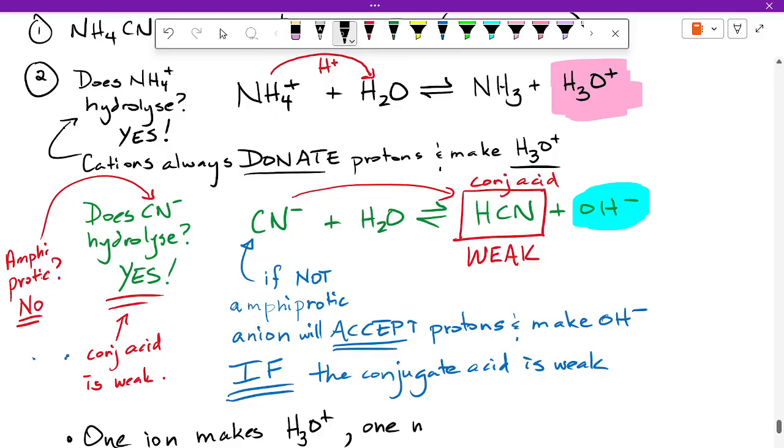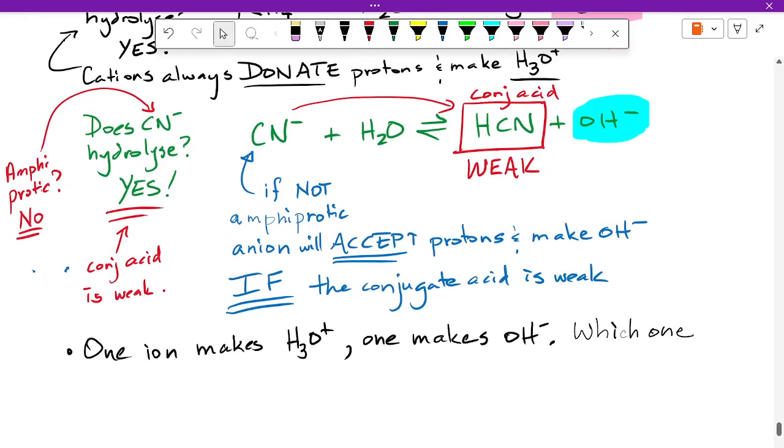One makes OH minus. Which one happens more? And that's when you say, I would like to compare my Ka and my Kb. So who am I looking at the Ka for?